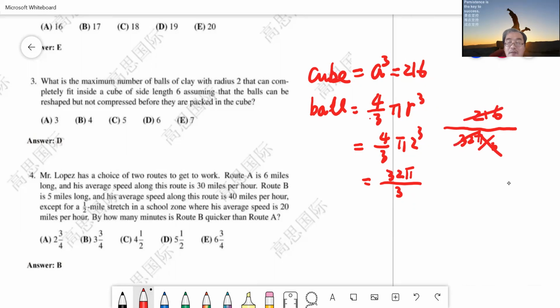So then we divide, let's say, by 8, right? Because this is 6 cubed. Divide by 8, we're gonna have 27. Divide by 8, we get a 4, right? So then this is about 6. It's a little bit more than 6, but we cannot hold more. So we're gonna get the answer is 6.